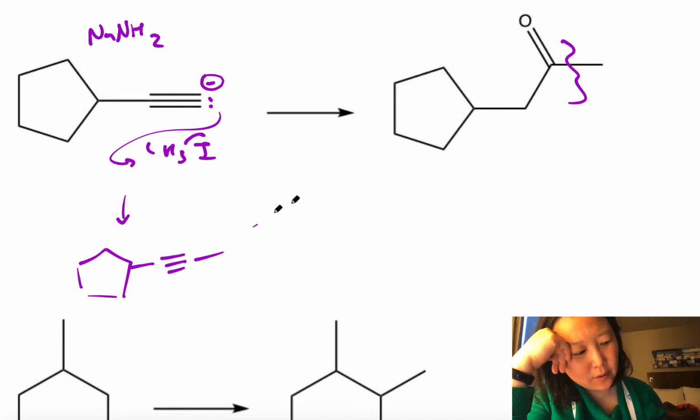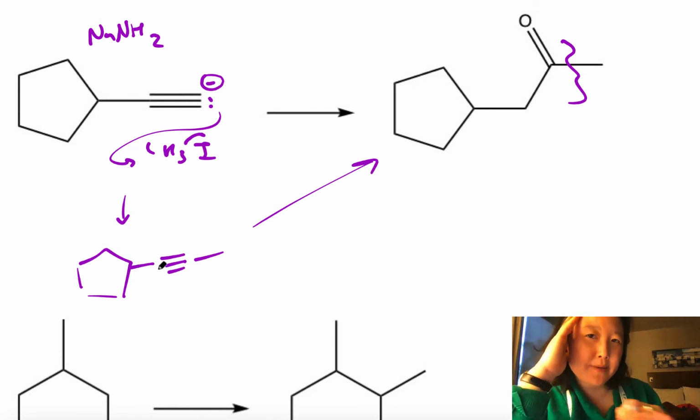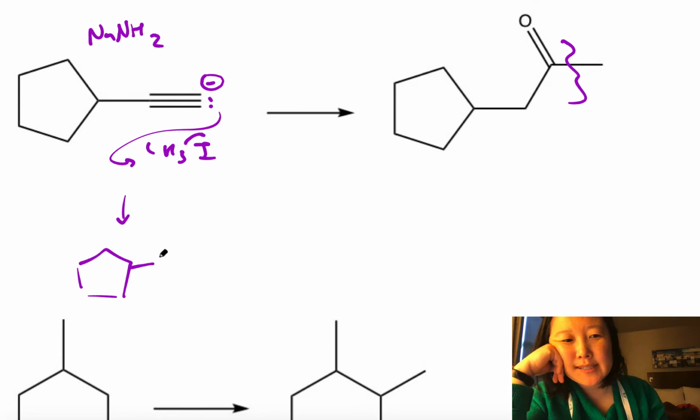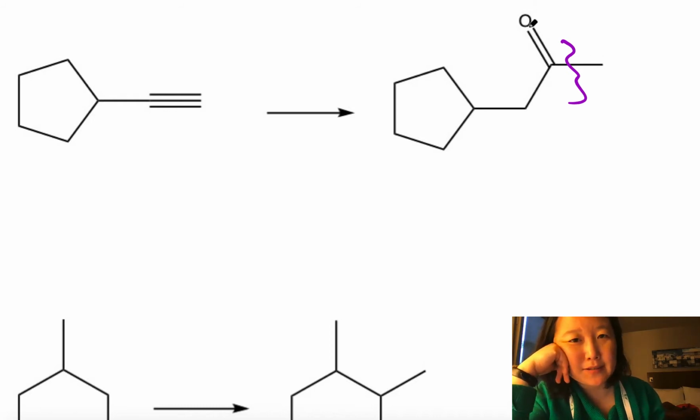Can I then get only this ketone? I can't, because I'm also going to get the carbonyl here. This is exactly what I was talking about before. You can get carbonyl here and carbonyl here. So in order to do this asymmetrically, I'm going to need to think of a different way. So I'm thinking maybe some kind of a Grignard reaction. It can attack a carbonyl, and I can oxidize it back to ketone.